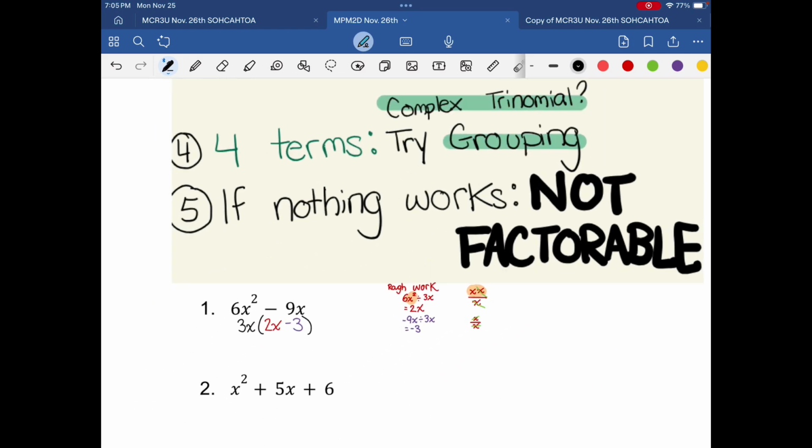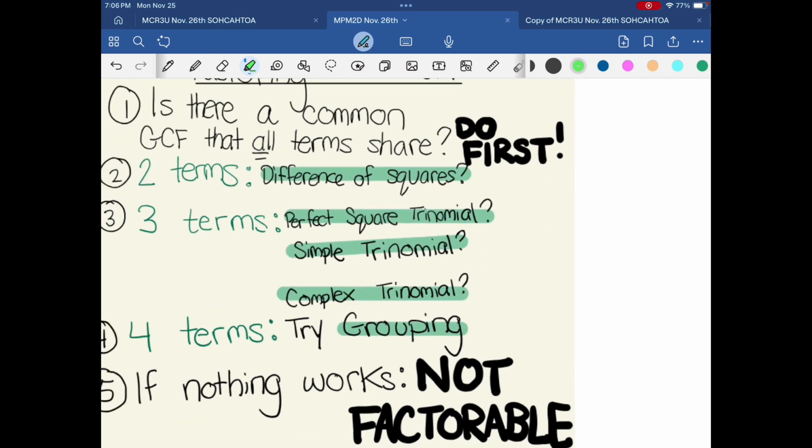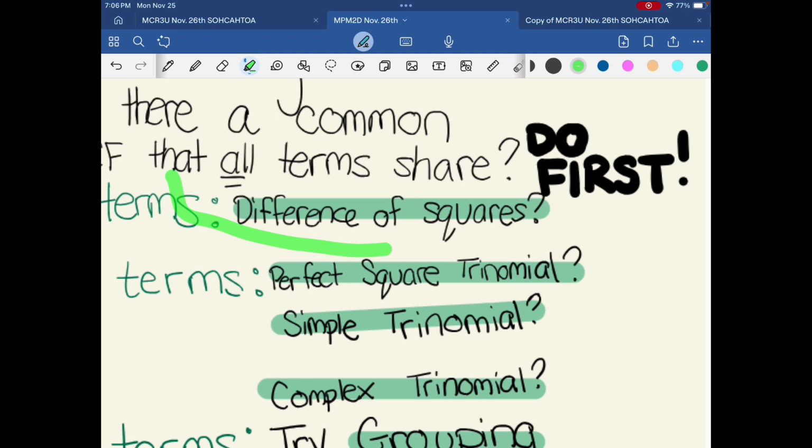Okay, let's see if we can factor further. How many terms do I see? I see 1, 2, since terms are separated with a plus or minus. So I have 2 terms in my brackets. Is this a difference of squares? Let's find out.